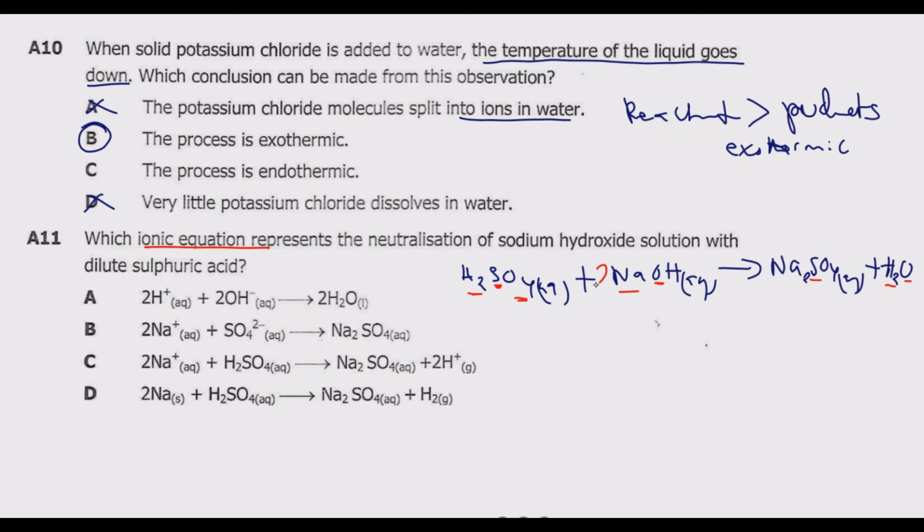So we can introduce a 2 here to see what happens. Once we introduce the 2 for sodium here, oxygen is going to be 6, so oxygen is no longer balanced. Then the question is, how do we balance oxygen? To balance oxygen, we need to introduce a 2 here. Once we introduce a 2 here, this side is going to be 6, and this side it will be 2 plus this one, which is also 6.